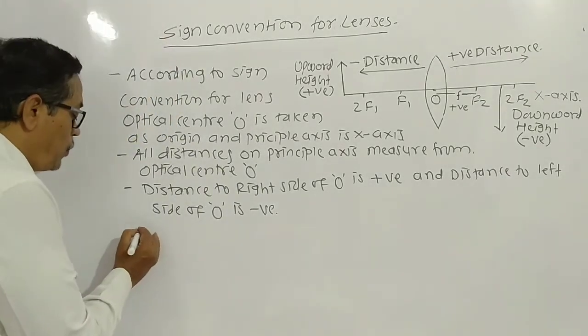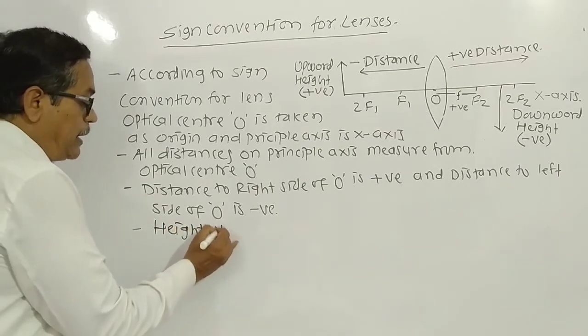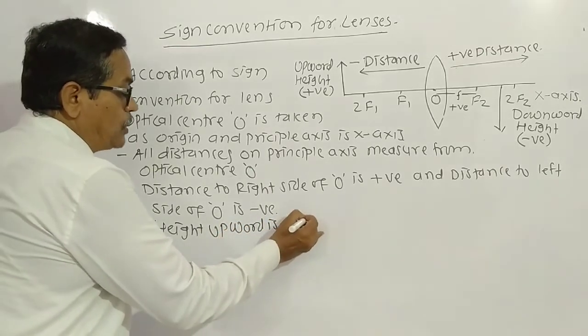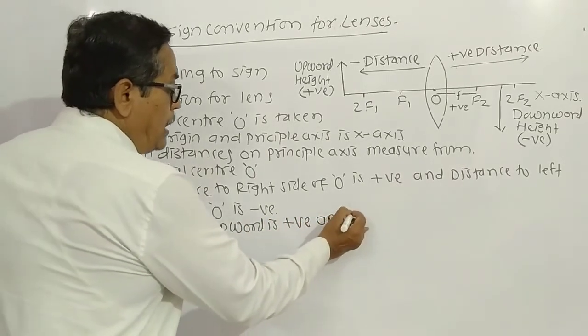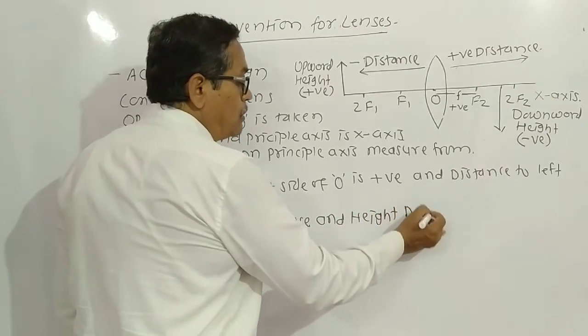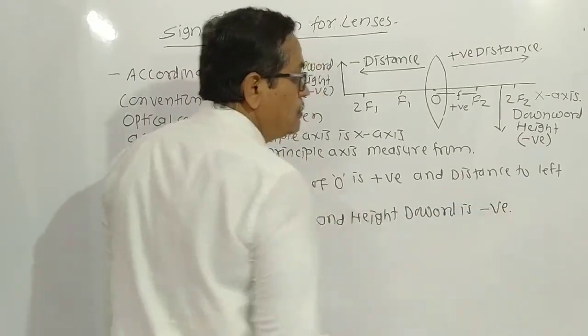Height upward is positive and height downward is negative.